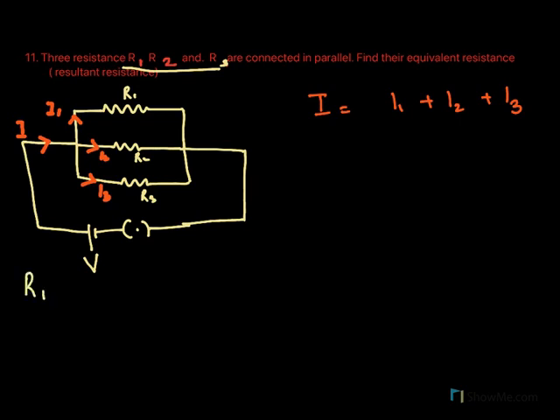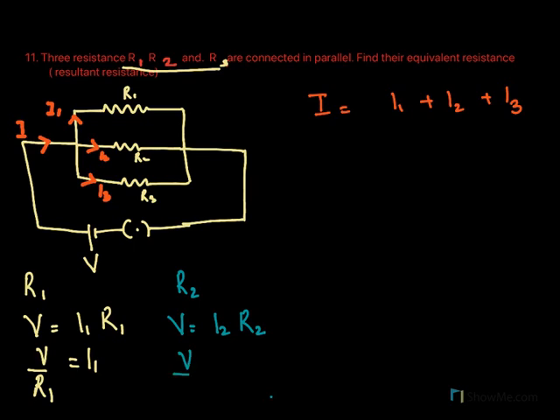Now for R1, Ohm's law: V equals I1 R1. The voltage remains the same. So I1 equals V over R1. Now for R2, Ohm's law: V equals I2 R2. The V remains the same because it is in parallel.